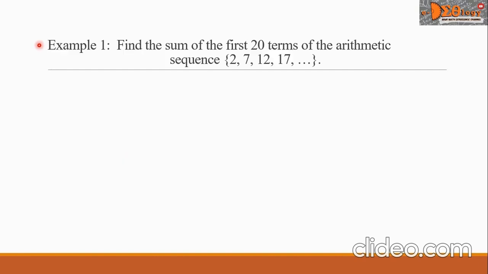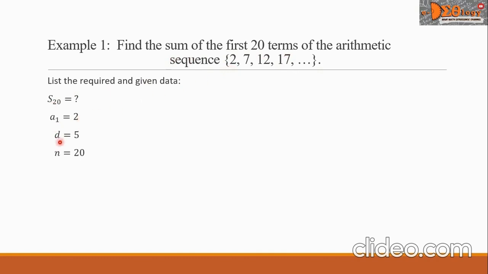Let us have example 1. Find the sum of the first 20 terms of the arithmetic sequence 2, 7, 12, 17, so on and so forth. Let us list the required and given data. S sub 20 is the symbol for the sum of the first 20 terms. A sub 1, the first term, is equal to 2.